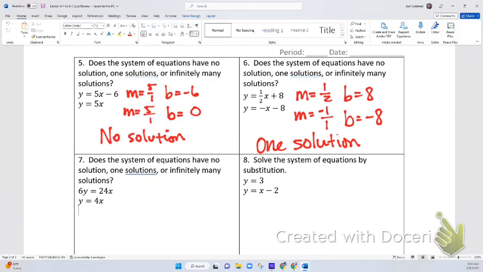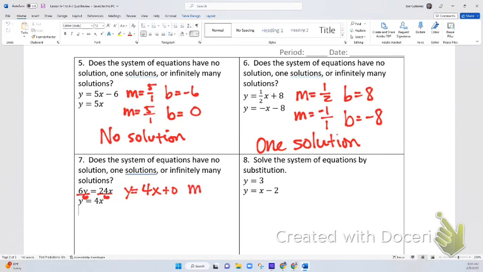For number 7, we try to make this a little hard. You'll notice that the first one is not in y equals mx plus b form. You have to divide by 6, divide by 6. You end up with y equals 4x. And then remember that there is a plus 0 at the end.